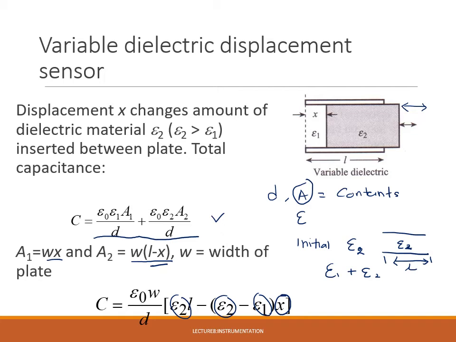The change is only based on the displacement. So this is the equation that relates displacement as our measured variable to the change of capacitance value. All the three ways that have been presented relate the displacement change to the capacitance value change.